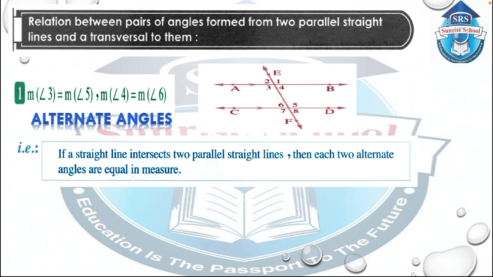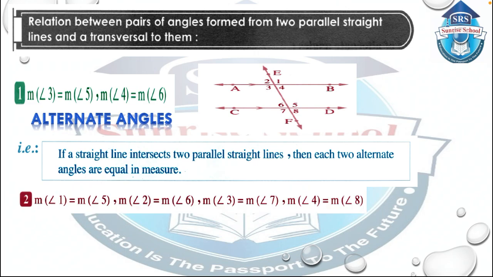Measure of angle 3 will equal measure of angle 5, and angle 4 will equal angle 6. They are alternate angles. If a straight line intersects two parallel straight lines, then each two alternate angles will be equal in measure.